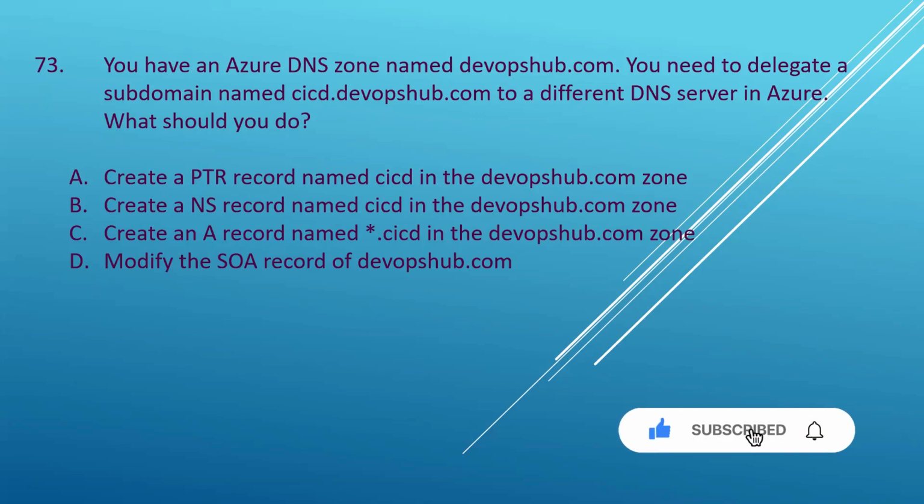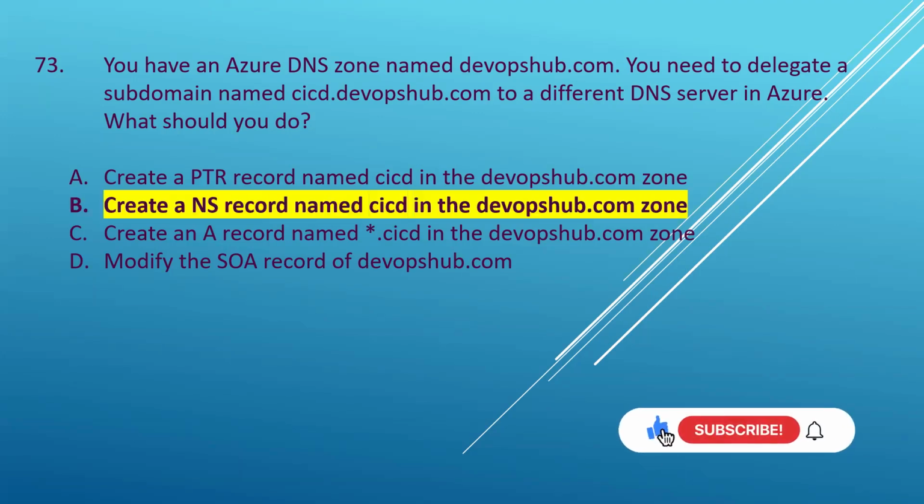named CICD in the DevOpsHub.com zone, create a record named star.cicd in the DevOpsHub.com zone, modify the SOA record of DevOpsHub.com. To delegate a subdomain named cicd.devopshub.com to a different DNS server in Azure, you should create a NS record named CICD in the devopshub.com zone.